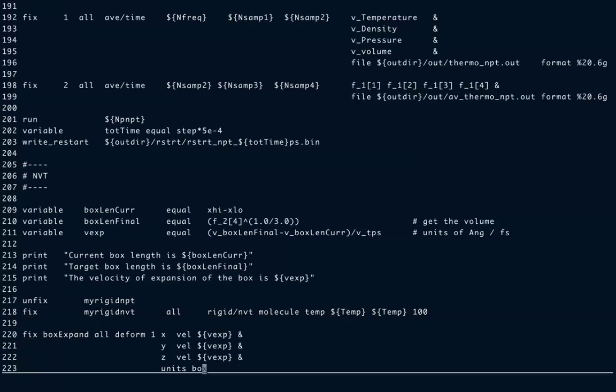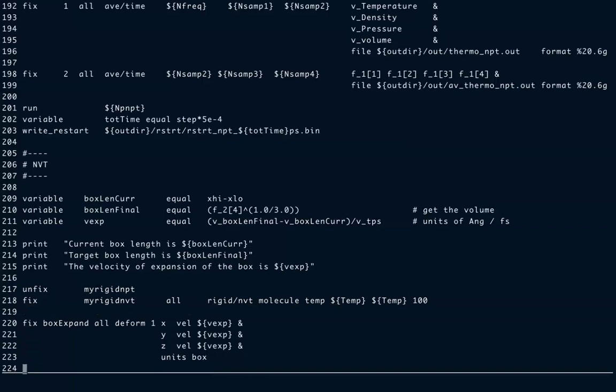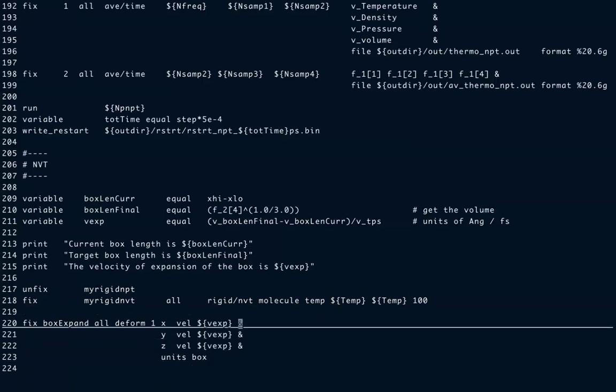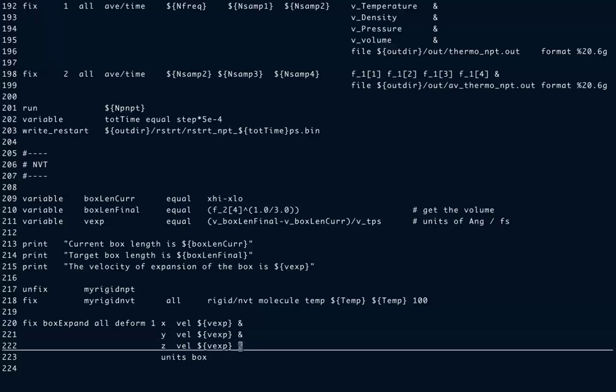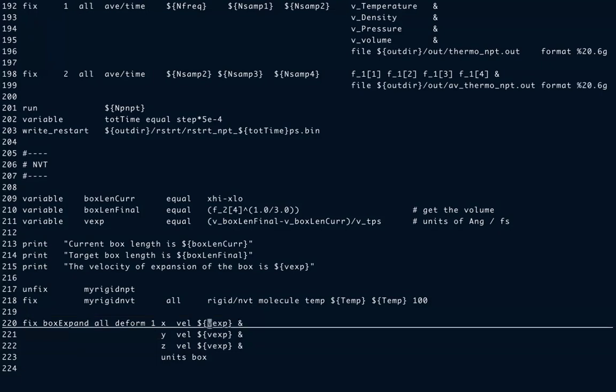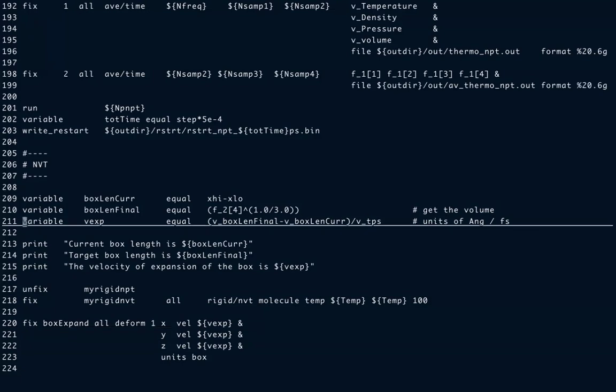Finally, I instruct LAMMPS to expand the box to deform equally in the X, Y, and Z direction at a velocity given by Vexpand or VEXP, which is available on line 211.